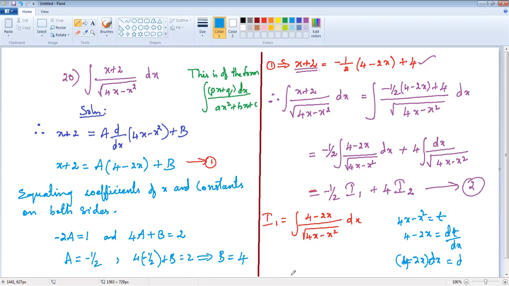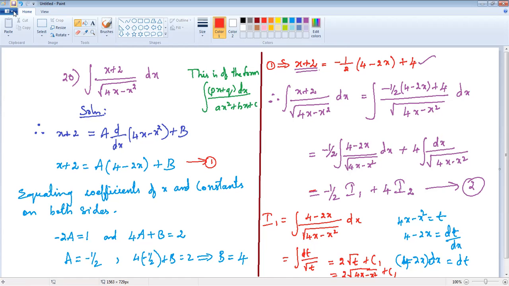So the new numerator becomes dt and the denominator is square root of t. So that is equal to 2 root t plus c1, which is equal to 2 times square root of 4x minus x square plus c1. So this is what integral 1 is.